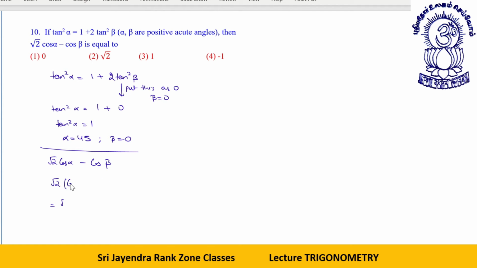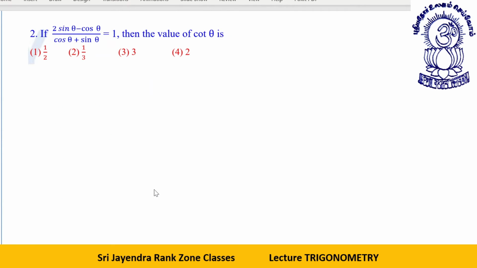What is cos 45? 1 by root 2. Cos 0 is 1. This is 1 minus 1, 0. Okay. Which is the option? Option number 1. Clear to all? Next one.